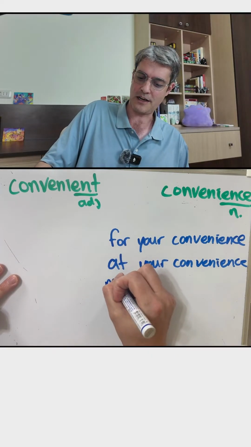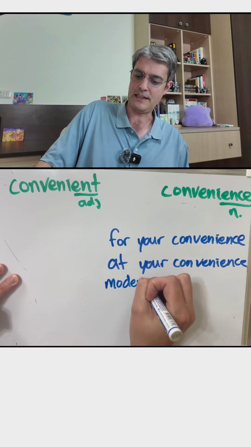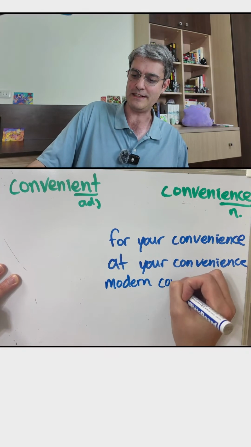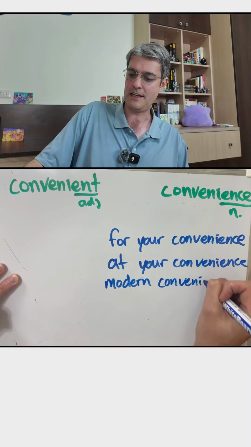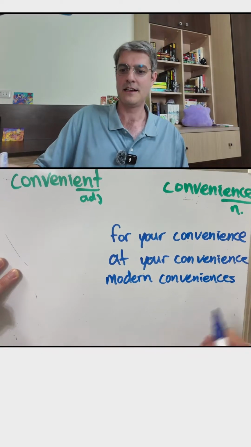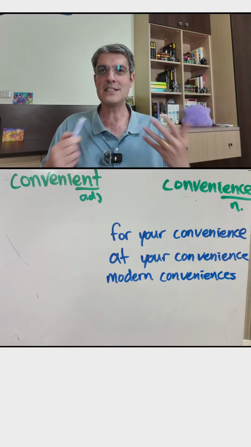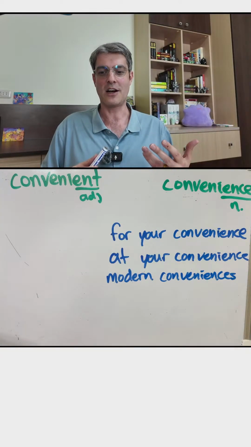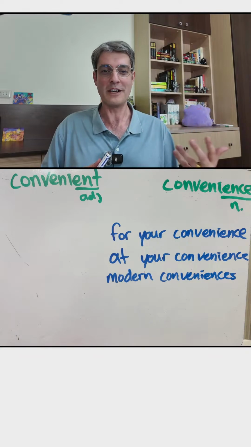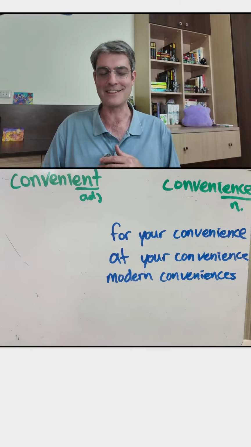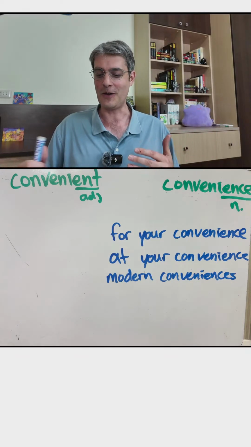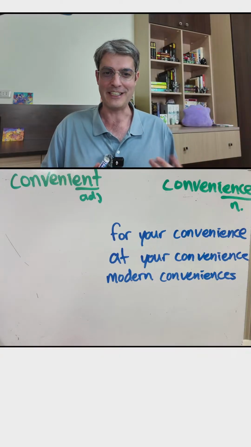Another common collocation is modern conveniences. And modern conveniences are the devices or things we use that make our lives easier or more efficient. So a modern convenience would be something like a washing machine in your home.